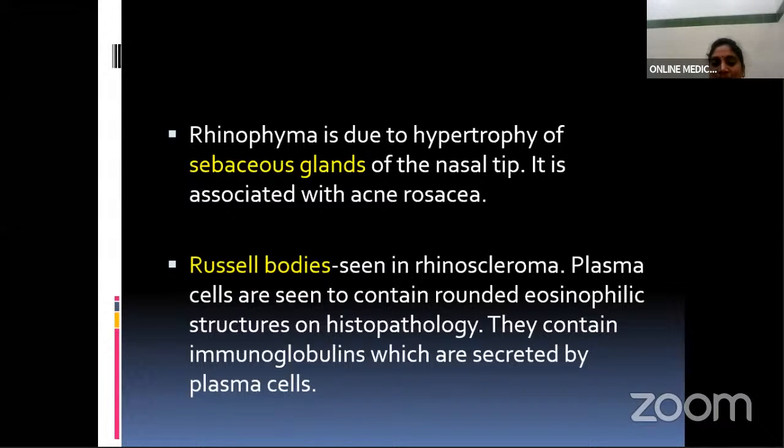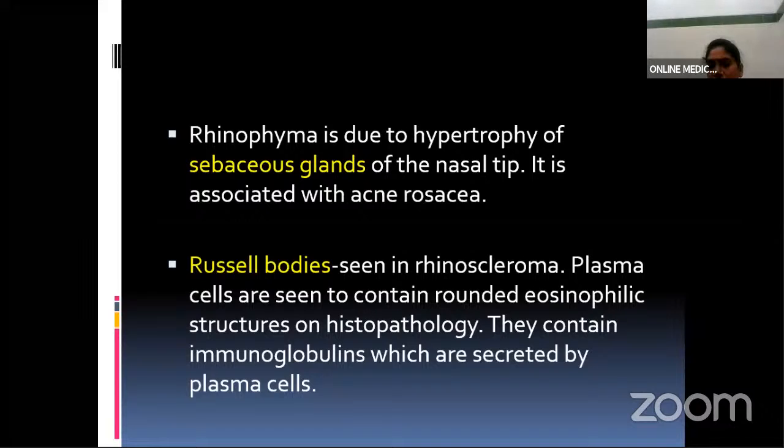Rhinophyma is due to hypertrophy of the sebaceous gland. Usually students will name some other gland. It is usually present at the tip of the nose. It is otherwise called acne rosacea. Usually in adolescent age or adults, male or female, they tend to develop a small cyst.